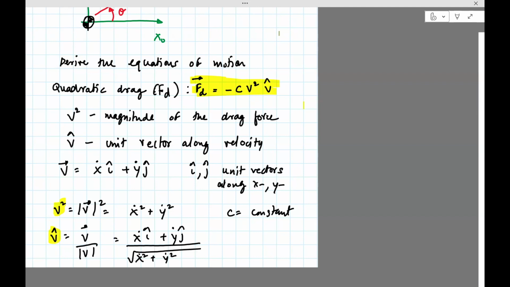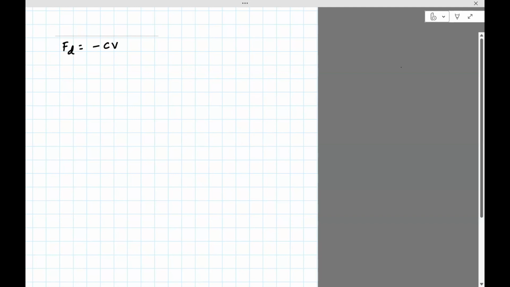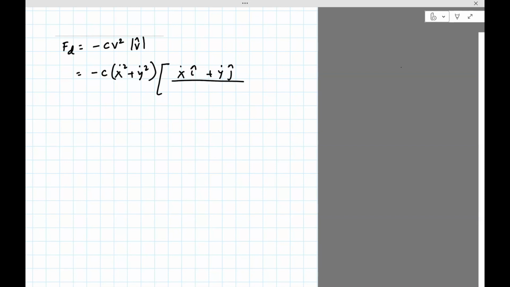So I'll write it down. Minus c v square times the unit vector. So v square is x dot square plus y dot square, and then the vector v is x dot i plus y dot j divided by the magnitude.